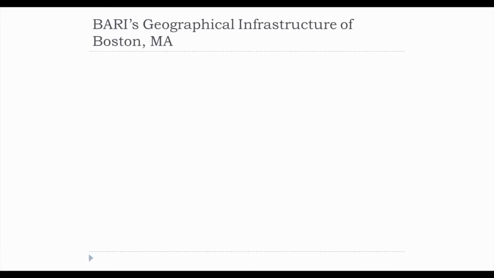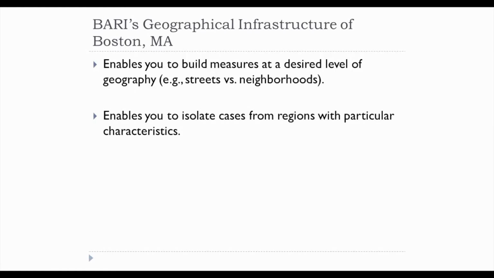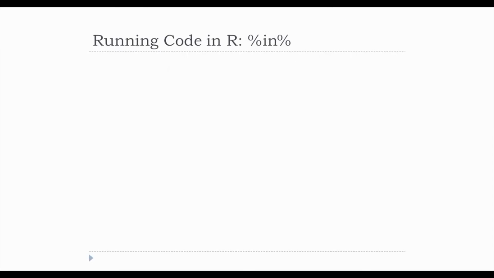As I noted before, a major advantage of the geographical infrastructure is that it enables you to flexibly build measures at a desired level of geography, whether you want to measure streets or neighborhoods or regional geographies based on its smaller components. A second advantage is the ability to isolate cases from regions with particular characteristics.